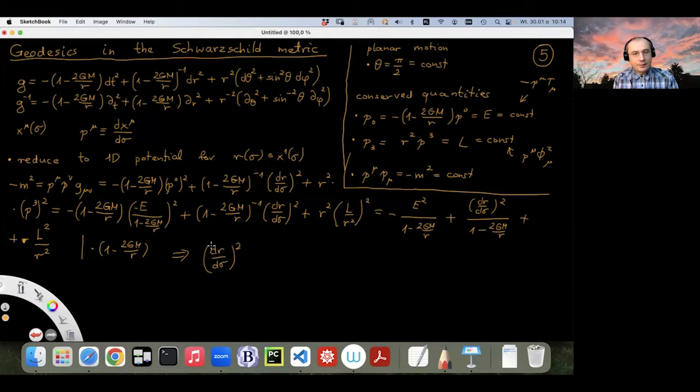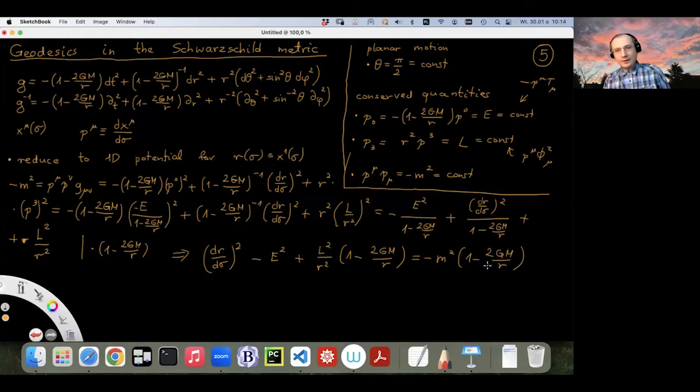This is that term plus, minus E squared is this guy over here, plus L squared over r squared times 1 minus 2GM over r is equal to minus m squared times 1 minus 2GM over r.